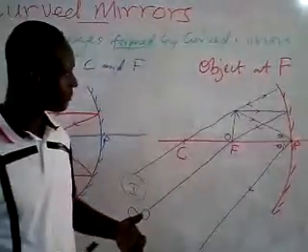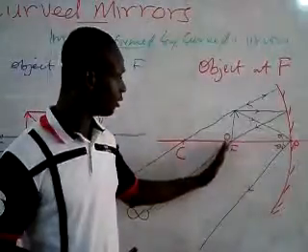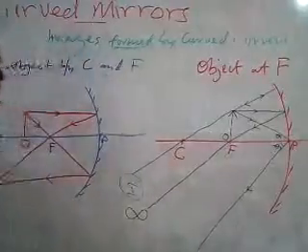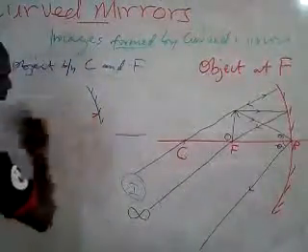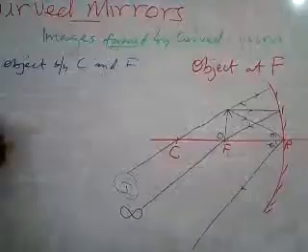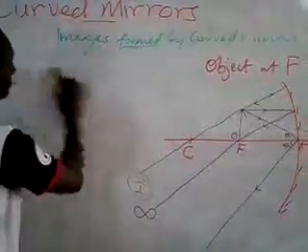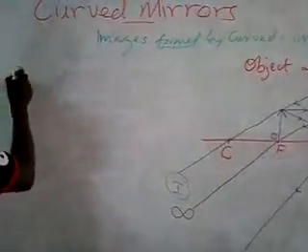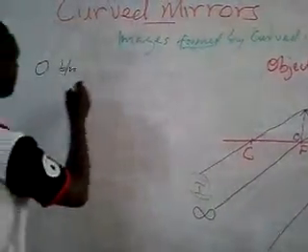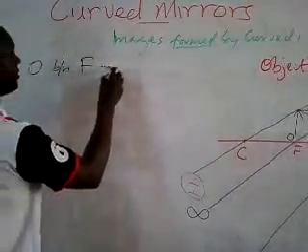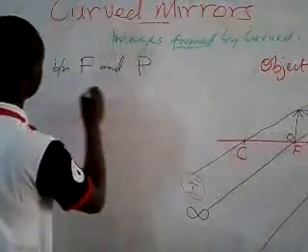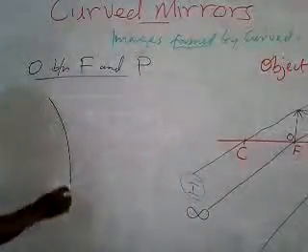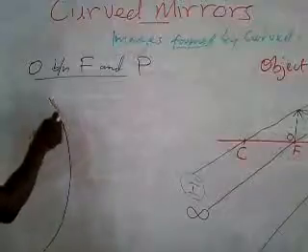The next one, let's also push the object between F and P. Object between the principal focus and the pole. O between F and P. Let's draw our concave mirror.